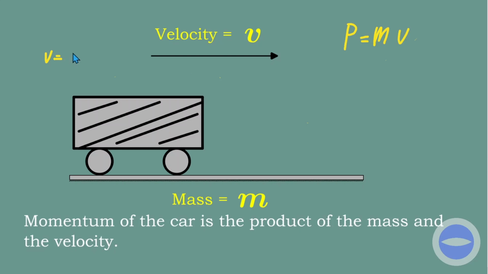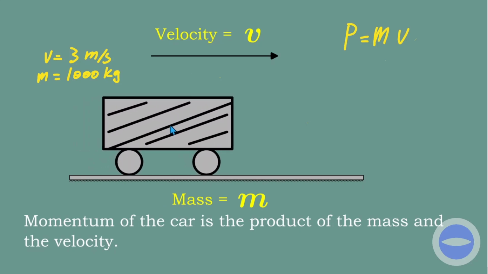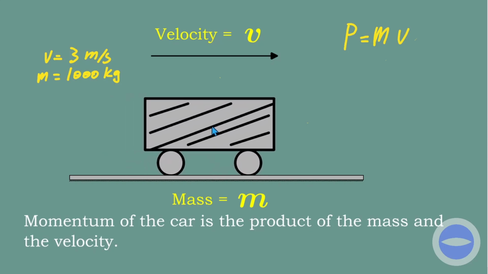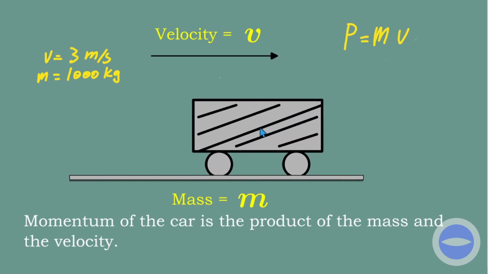V equals 3 meters per second, and mass equals 1000 kg. They say calculate the total momentum of the object as it travels to the right. It travels at 3 meters per second, and the mass of this car is 1000 kg.